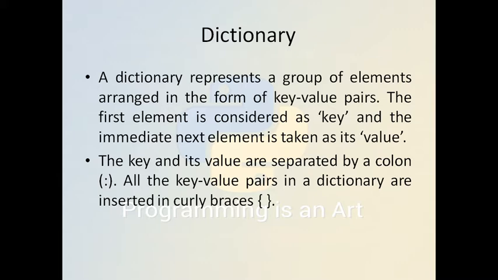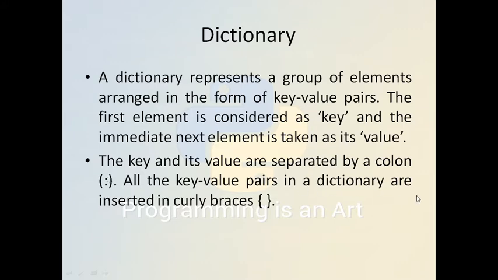Key and value may be any data types: user defined, built-in, string or anything. The first element is considered the key, and the element that is mapped is considered the value. Both the key and value are separated by a colon. So we take the colon as a separation.